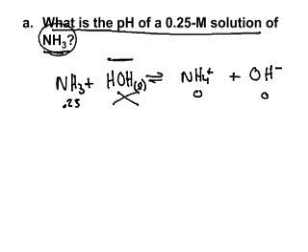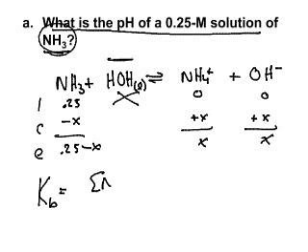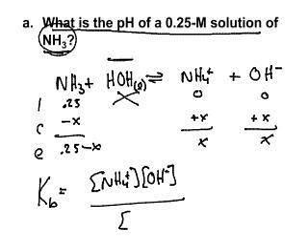Notice that I'm skipping the water. So this will be minus x. Here's my ICE: 0.25 minus x, plus x, plus x. And so the Kb will be equal to the concentration of the ammonium times the concentration of the hydroxide over the concentration of the ammonia.